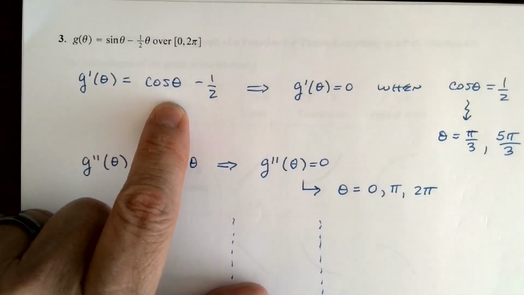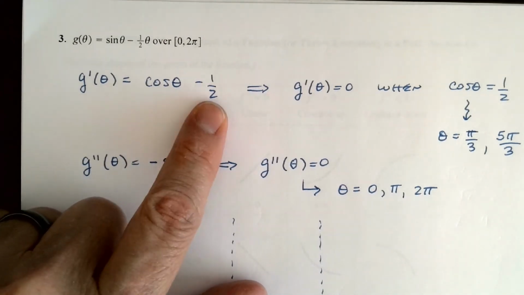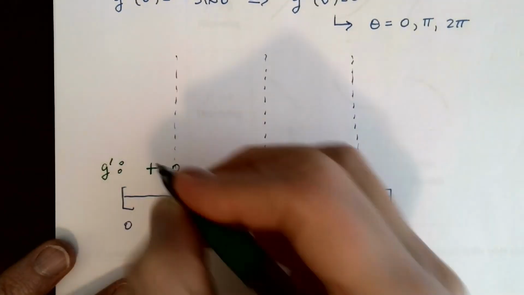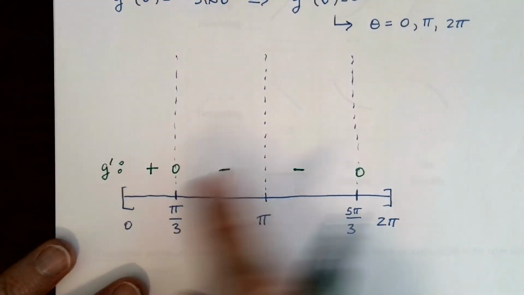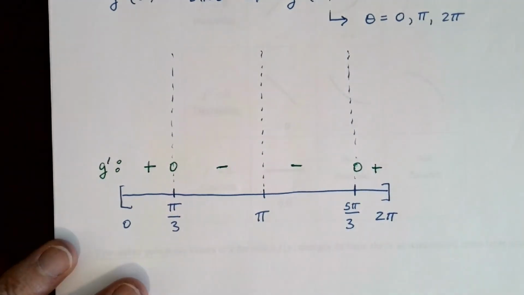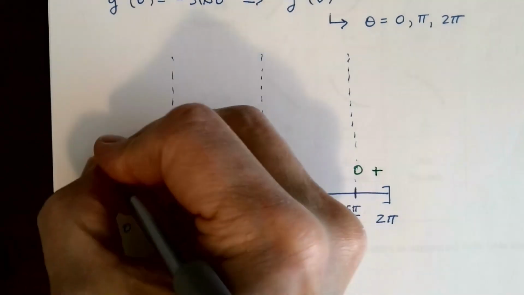So if cosine theta is bigger than 1/2 on that interval, then this difference is positive. So I can just plug in values to determine the sign of the first derivative if I want to. Similarly, we'll see it's positive on this little interval as well. What about the sign of the second derivative?